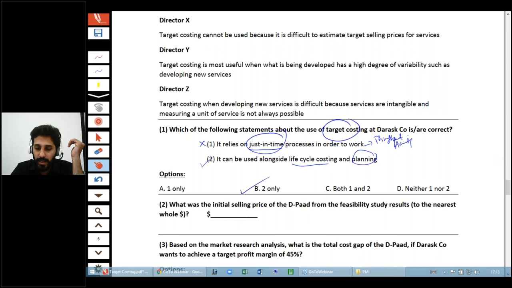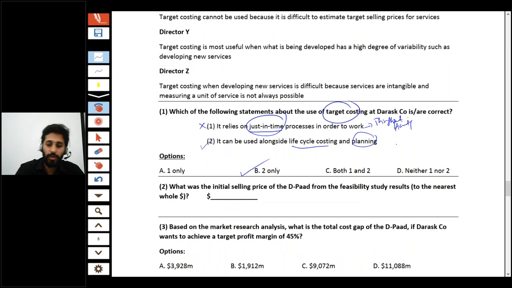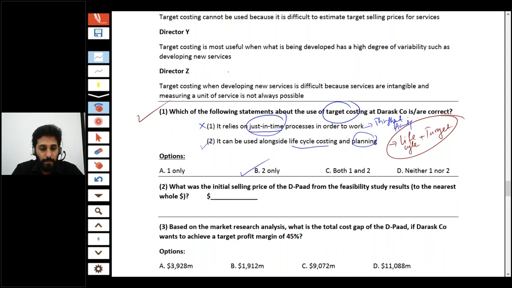The concept of target costing and the concept of life cycle costing can be used together. So here you can see that it's basically life cycle plus target. The answer is absolutely yes. Number two. Here it is, a simple solution number two.